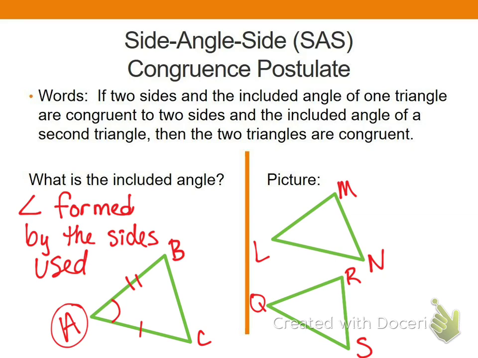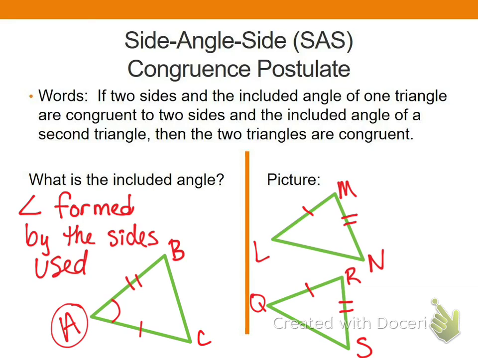So if I were to know that LM is congruent to QR and that MN is congruent to RS, that takes care of my pairs of sides. 2 S's, 2 pairs of sides. So then I would also need the included angles congruent. So which 2 angles would I be working with?